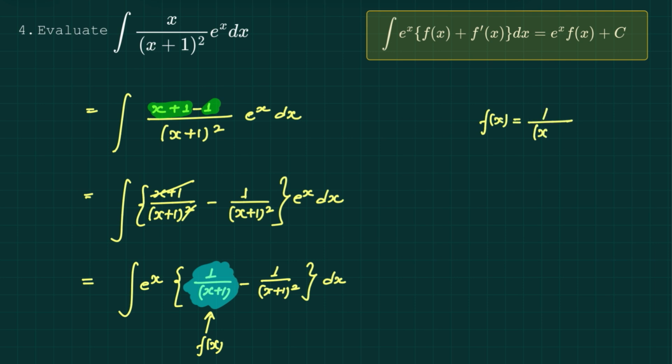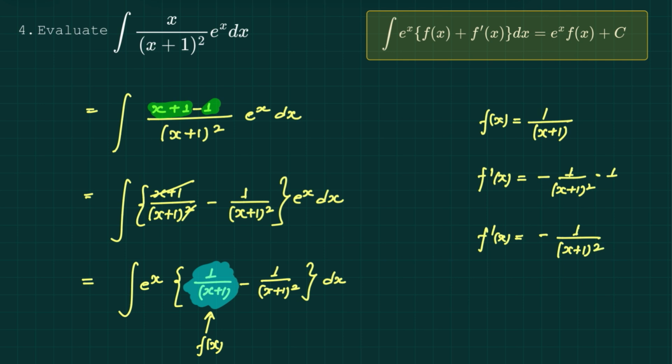Let us differentiate this function. Then we will have f dash of x equals d/dx of 1 by x, which is minus 1 by x square, into, by chain rule, the derivative of x plus 1, which is 1. Hence my f dash of x is equal to minus 1 by x plus 1 whole square.